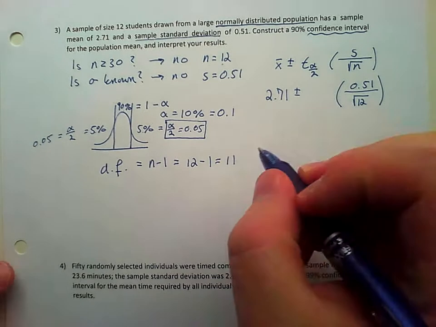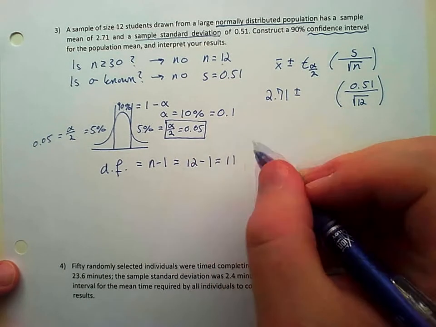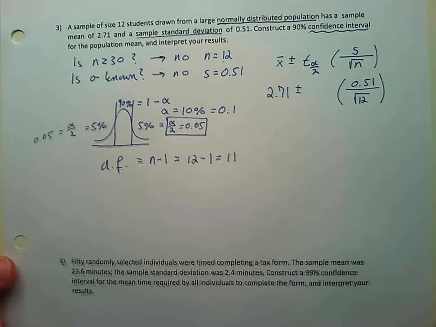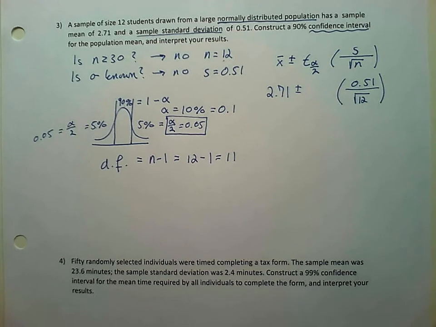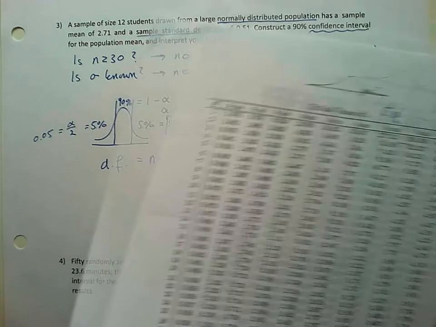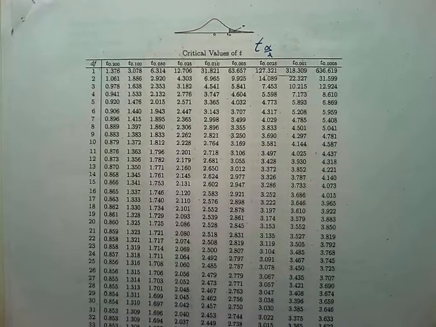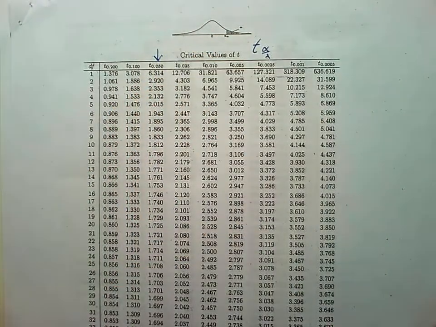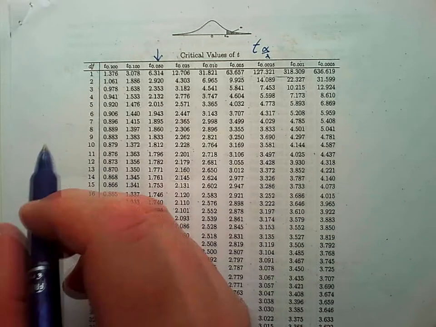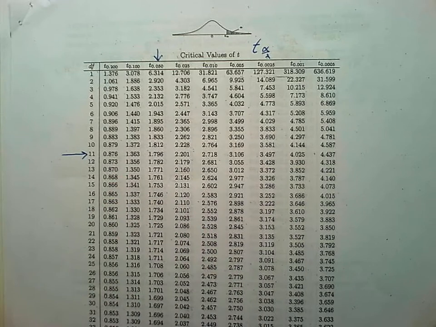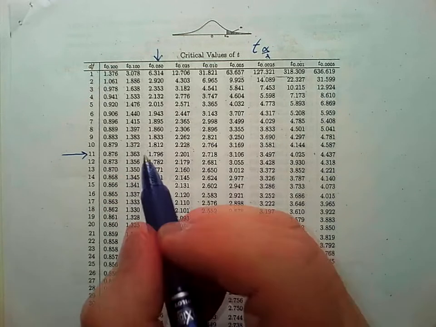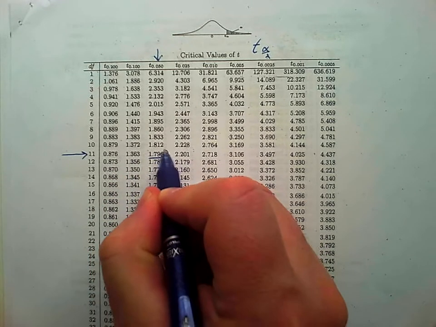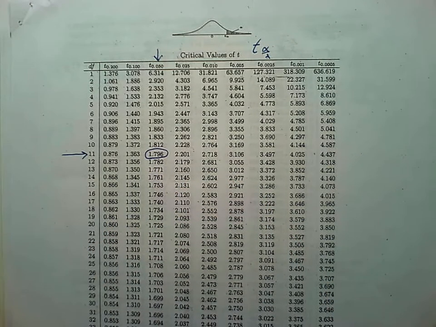So now we know that our alpha divided by 2 is equal to 0.05, and our degrees of freedom is equal to 11. Now we can go back to our t table. Our alpha divided by 2 is equal to 0.05, so we know we have to be in this column right here, the third column of t values. And our degrees of freedom is equal to 11, so we know we're going to be in this row. So the t value that we're looking for is 1.796.